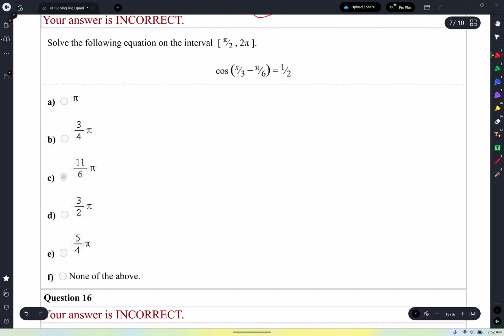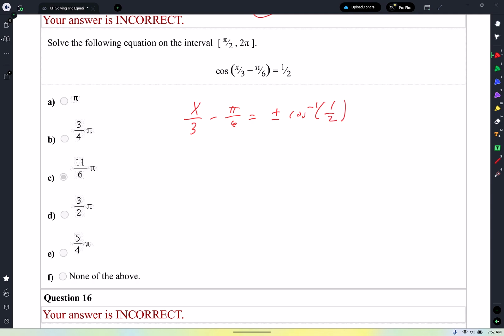Question 15. We're almost done. We're doing the same thing. Arc cosine, arc cosine. So I'm going to write, because it's arc cosine, maybe it's easier to write it like this. X over 3 minus pi over 6 equals plus minus inverse cosine of a half, because that will take care of both your equations right there, plus 2 pi n. I'm going to move the pi over 6 right here. X over 3 equals pi over 6 plus minus arc cosine of 1/2 plus 2 pi n.